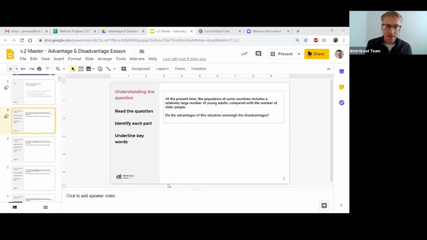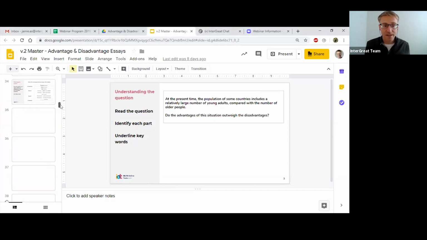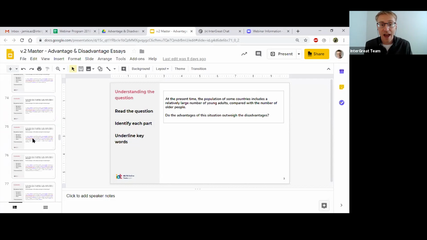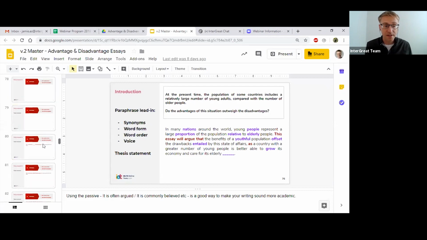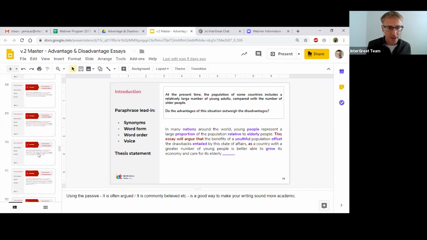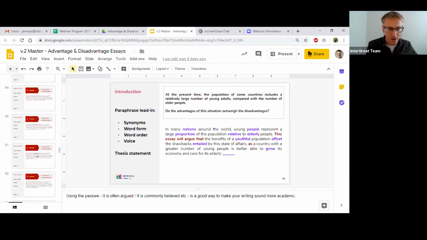The outline statement is similar, it's in the introduction, but it just tells the reader what you will discuss. So it tells the reader, in this essay, I will discuss the advantages and disadvantages of having a younger population. Okay, so you're not giving your opinion at the beginning, you're simply telling the reader the topic of the essay.